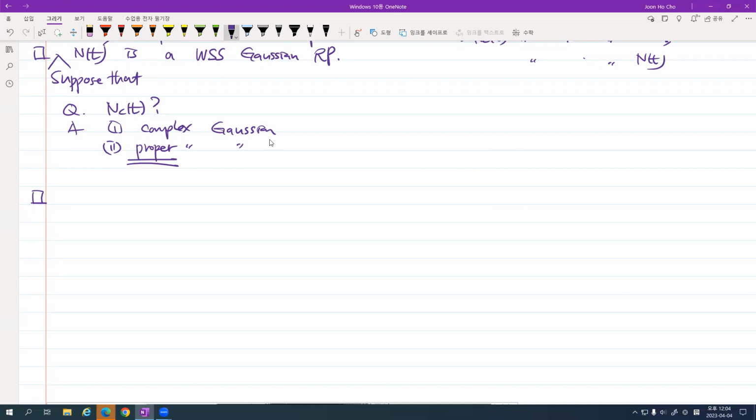And whenever I talk about complex something, many people just dismiss it, saying, okay, suppose I have an n-dimensional complex vector, let's say z. Then it can be written as the real part and imaginary part, which are real vectors.